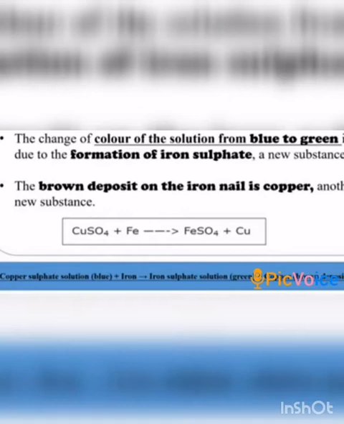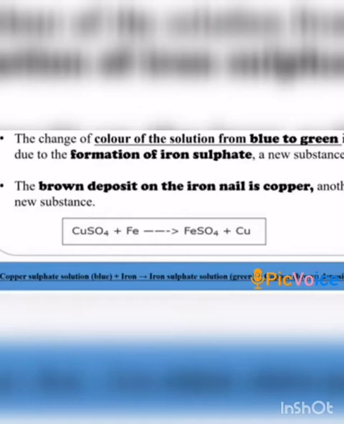Then, let us write the chemical equation for that reaction. That is copper sulfate, CuSO4, which we have taken in a beaker. Yes, copper sulfate, CuSO4. Then iron, Fe.